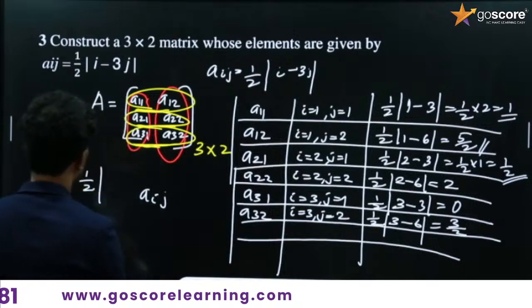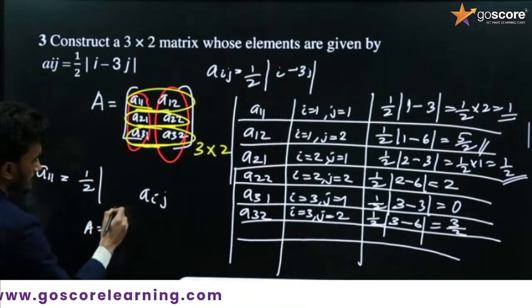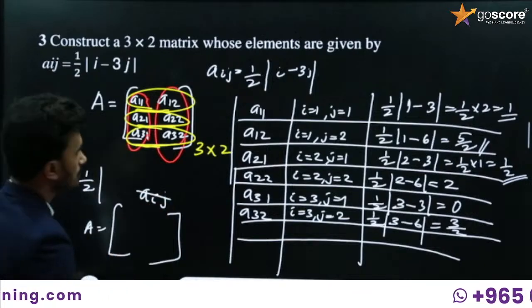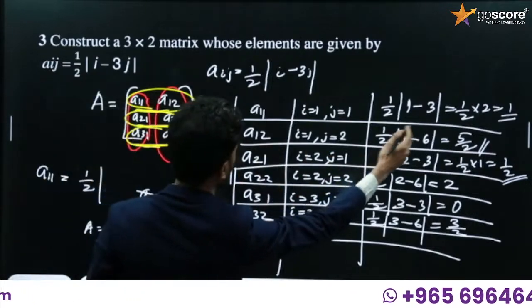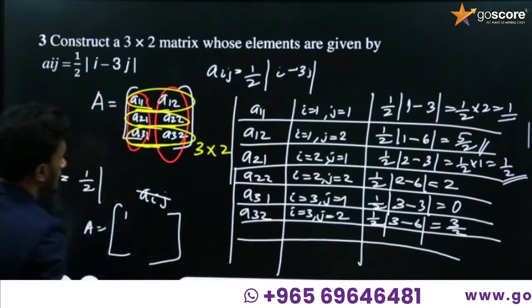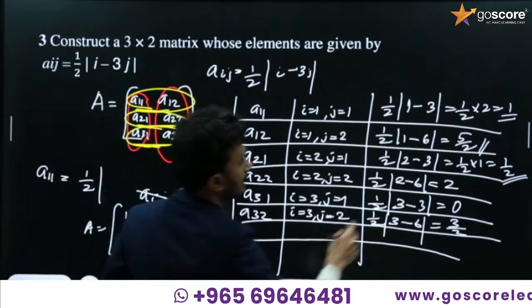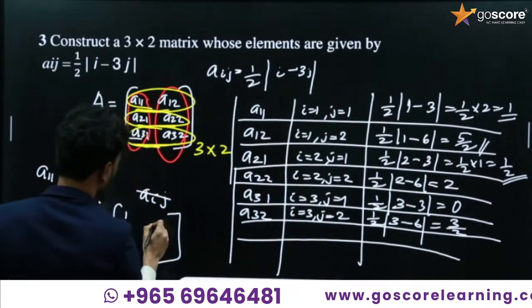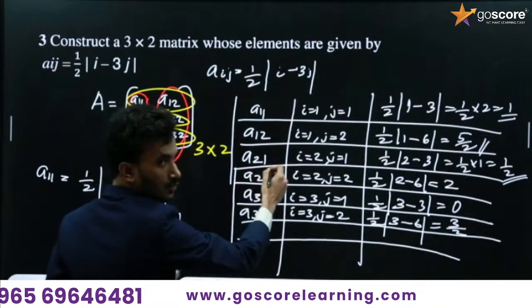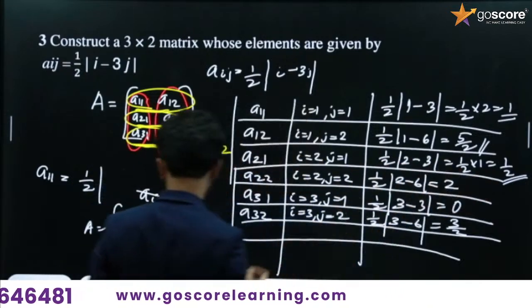So how can you represent A? Just replace these values. A11 is 1. A12 is 5 by 2.